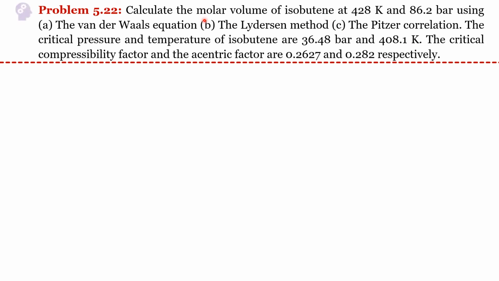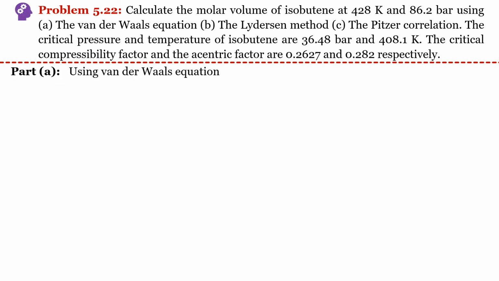In method A, that is van der Waals equation, we will estimate the values of constants A and B because critical temperature and pressure are given. Then we can solve that equation.